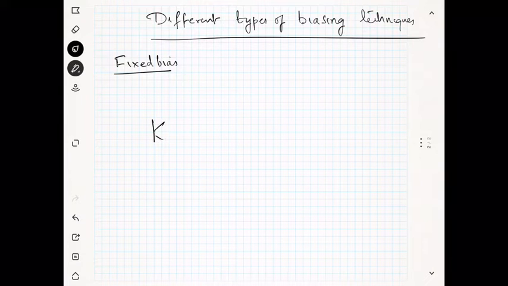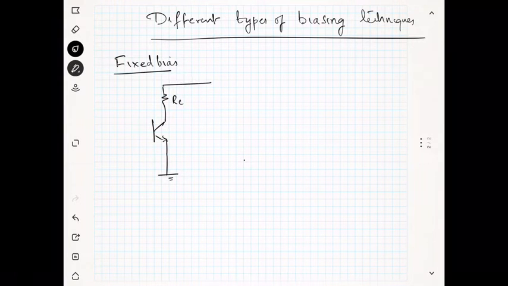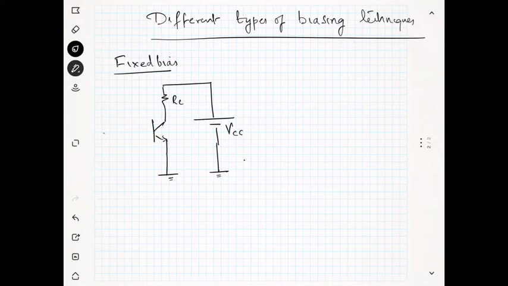So we have a power supply, we have a transistor, and we have RC, and for that we have a power supply which is known as VCC. Okay, and we have an RB, and we have VB, and it's going to ground.